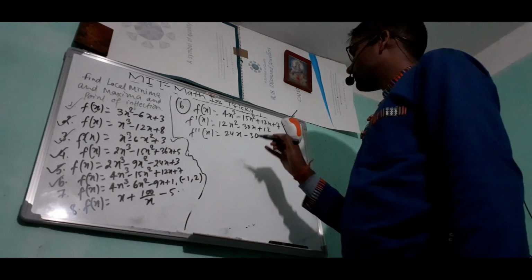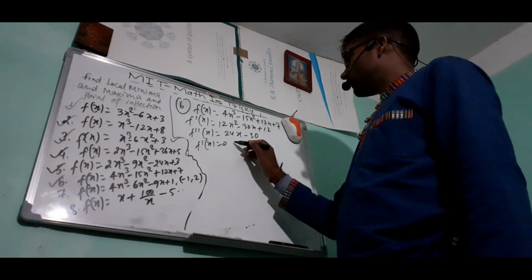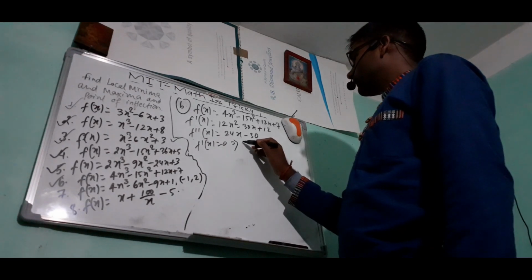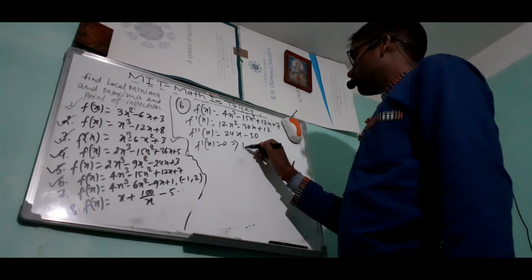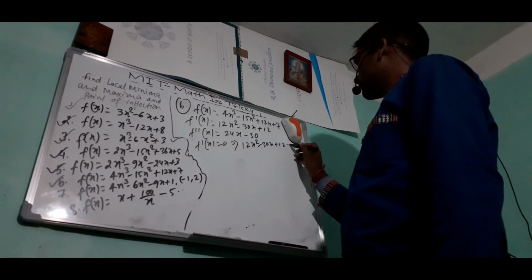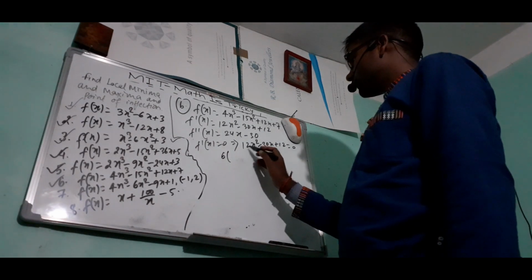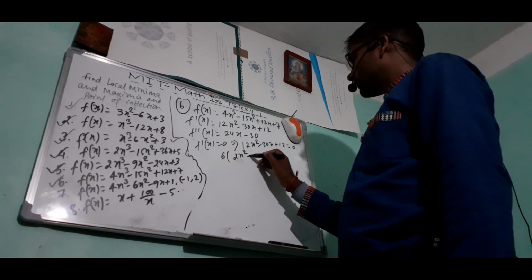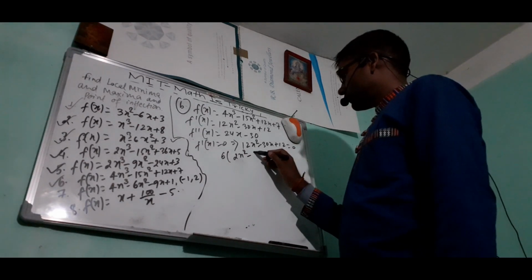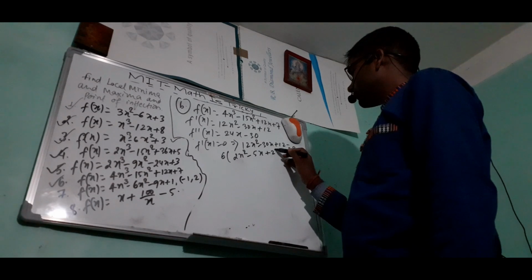f'(x) equals 0 gives 12x squared minus 30x plus 12 equals 0. So 6 is common. If you take 6 common, 2x squared minus 5x plus 2 equals 0.